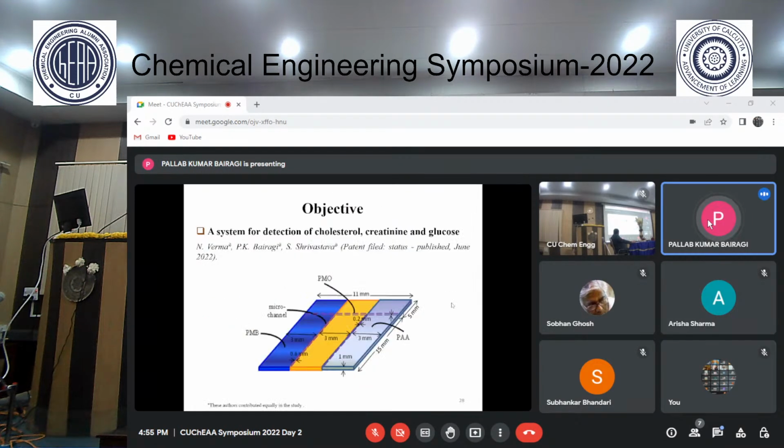The electrode is then segmented into three parts by engraving two pairs of microchannels over the surface of the electrode. Microchannels were engraved on both surfaces of the electrode by laser ablation technique. Initially, the width of the electrode was kept at 11 millimeter.